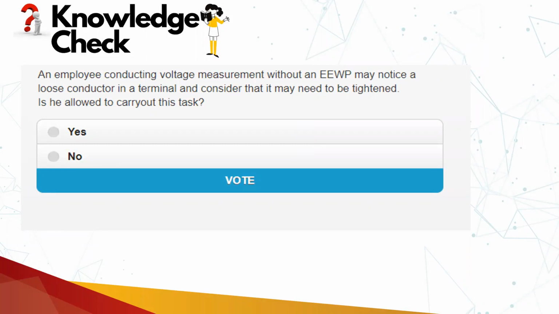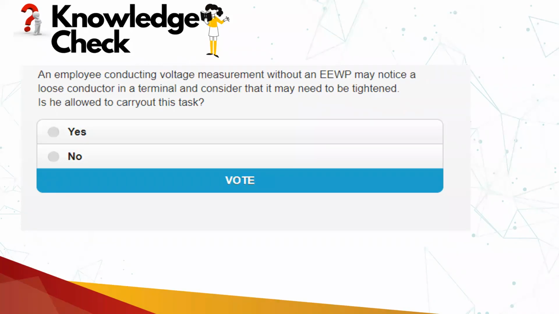He did not complete an energized electrical work permit for the voltage task, but in order to tighten the loose connection, a risk assessment needs to be performed, in which we will determine whether the energized work is allowed or not. If that energized work is not allowed, then we have to establish an electrically safe work condition.